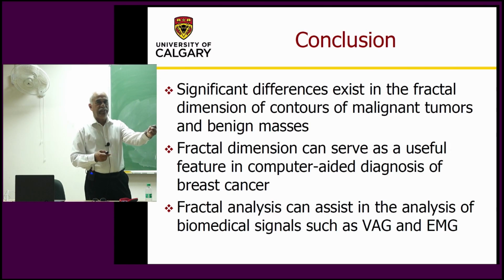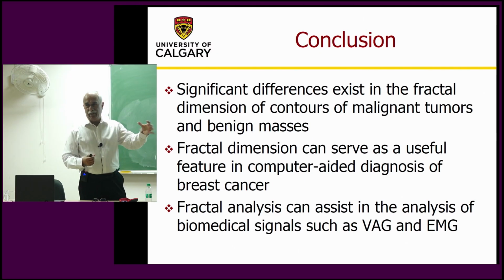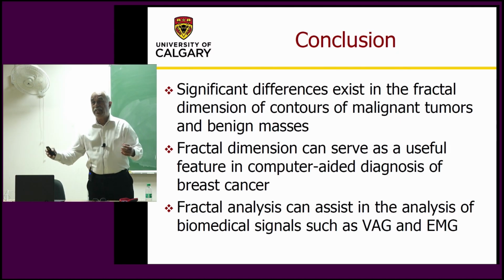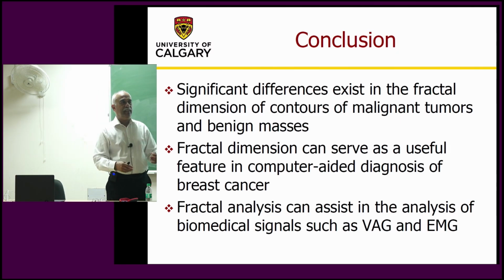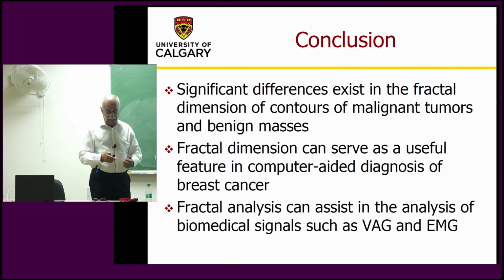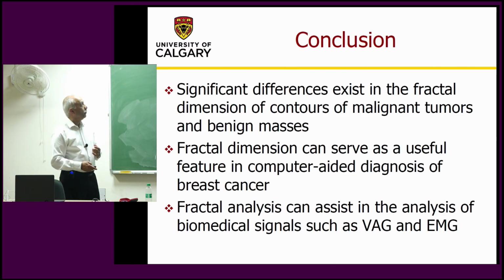If you hold the contraction too long or do some exercise repeatedly, then the muscles develop fatigue and the signal characteristics change. So how do you characterize that? And how do you characterize different levels of contraction of the same muscle using the EMG? Fractal dimension has been useful.